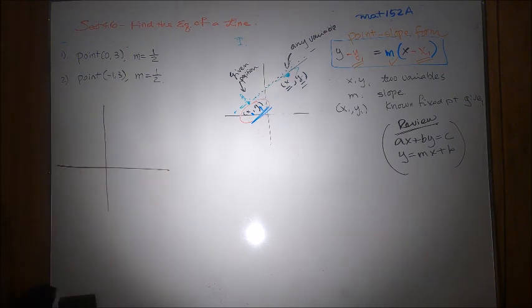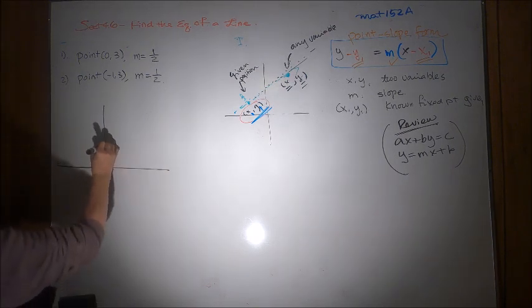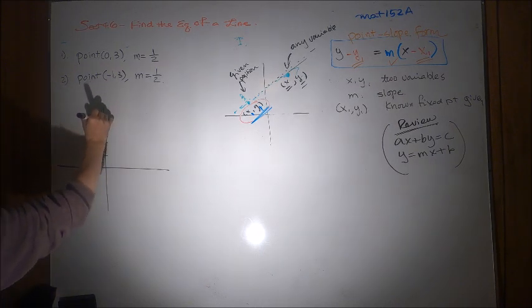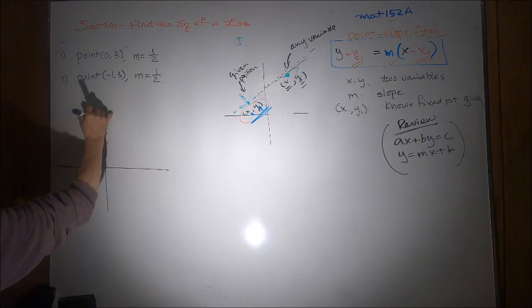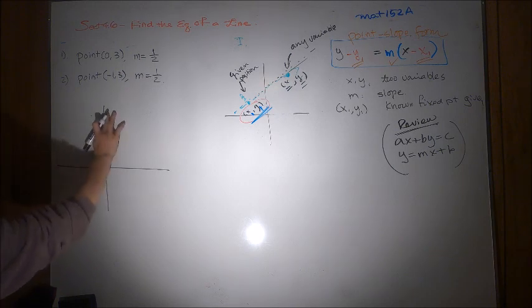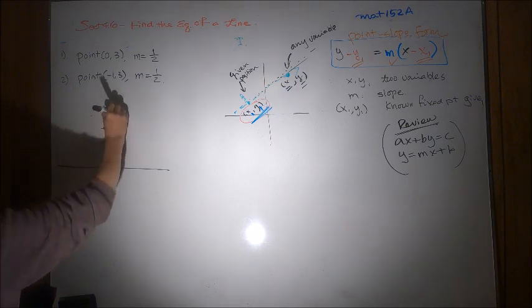For the first one, 0, 1, 2, 3. So that's your (0, 3), right? Another point is what? (-1, 3). So this point, let me write it here.